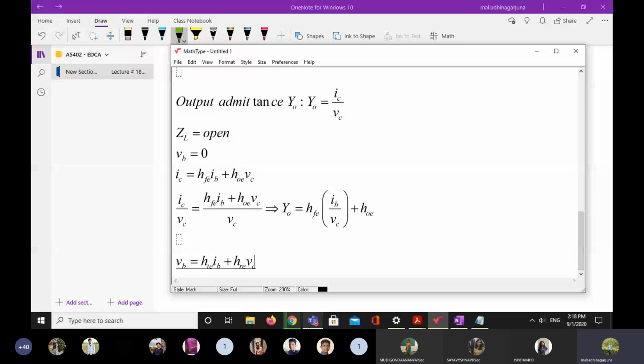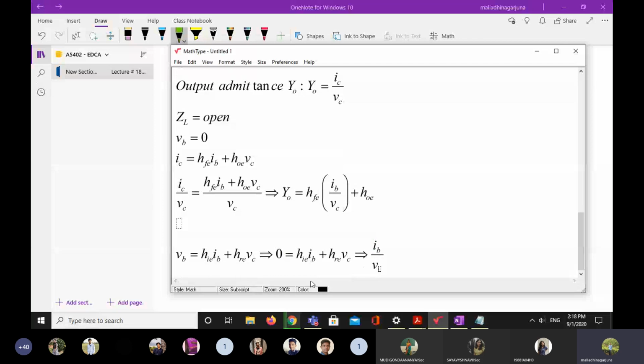I told you why, because we should keep VS constant. 0 equal to the remaining equation as it is. So from this I can write IB divided by VC equal to minus HRE divided by HIE.